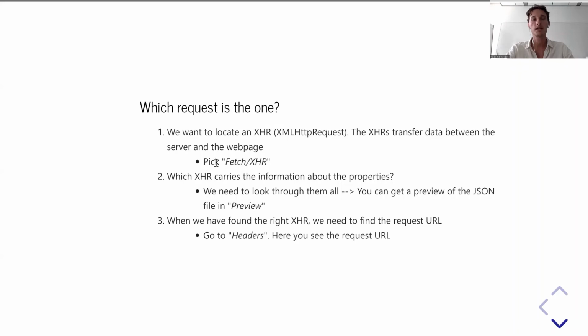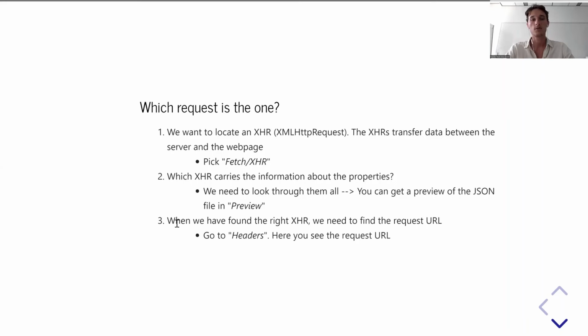And so we pick this field fetch/XHR, and we look through all the XHR, and we get a preview of the JSON file in the preview field. So that was also what I showed you. That was actually a JSON file where we could click on each property.